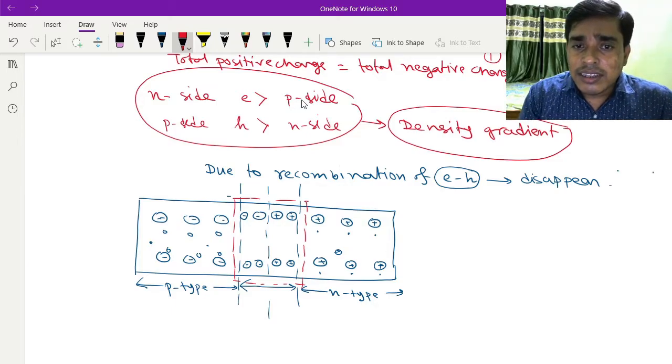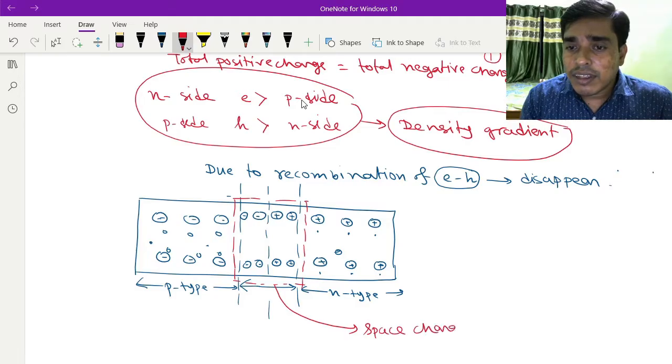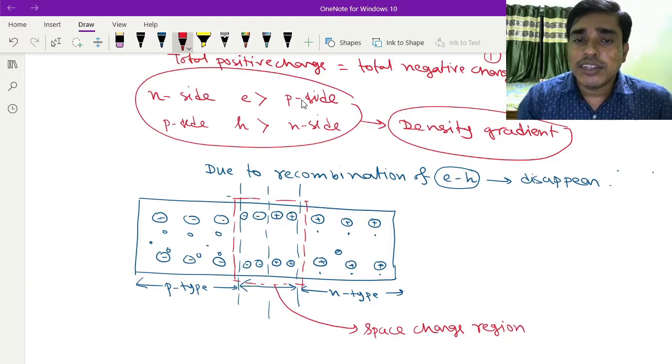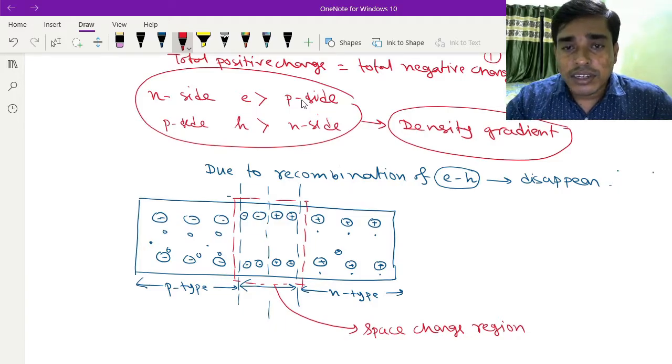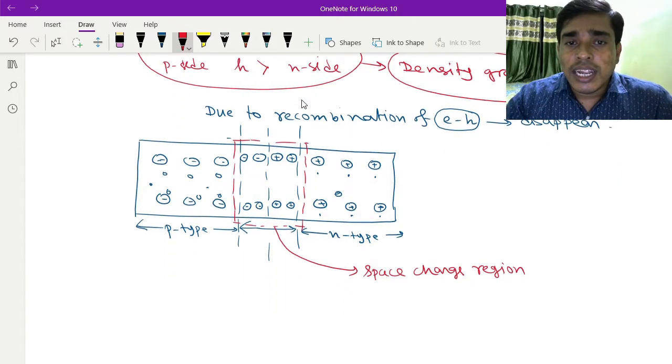And this region is called the space charge region. Okay, this region is called the space charge region.